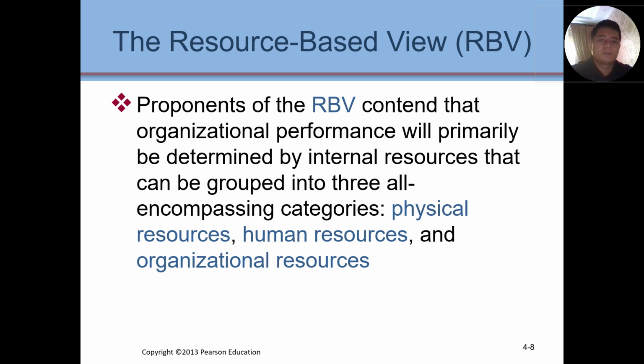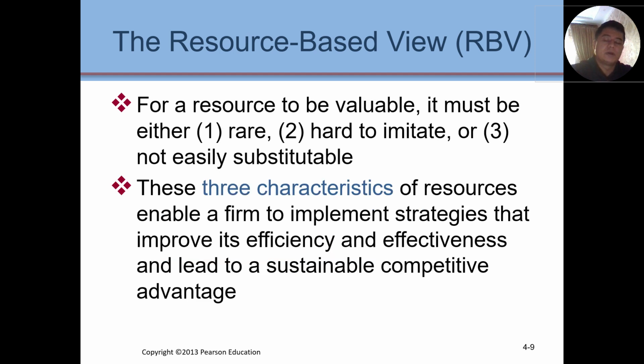Proponents of the RBV contend that organizational performance will primarily be determined by internal resources that can be grouped into three all-encompassing categories: physical resources, human resources, and organizational resources. For a resource to be valuable, it must be rare, hard to imitate, or not easily substitutable. These three characteristics of resources enable a firm to implement strategies that improve its efficiency and effectiveness and lead to a sustainable competitive advantage.